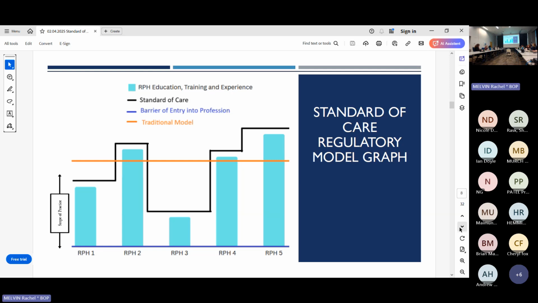But if you take a look at all of the cases you've seen in the board meeting over the last however long you've been here, or over the last couple of years, I think that begs the question we have to ask ourselves: are these cases related to people that are practicing at the top of their licensure, or are they related to arguably pharmacists practicing at the bottom?